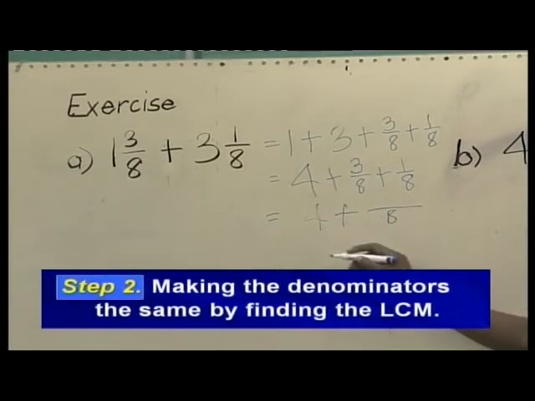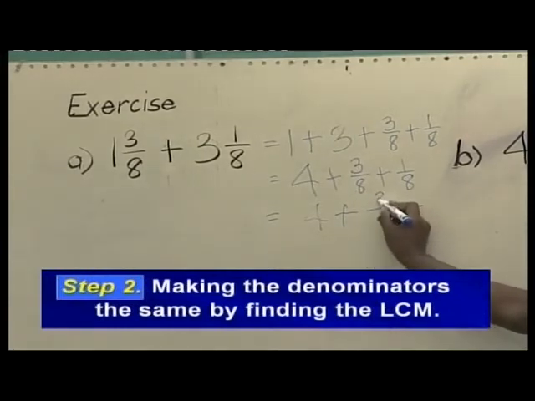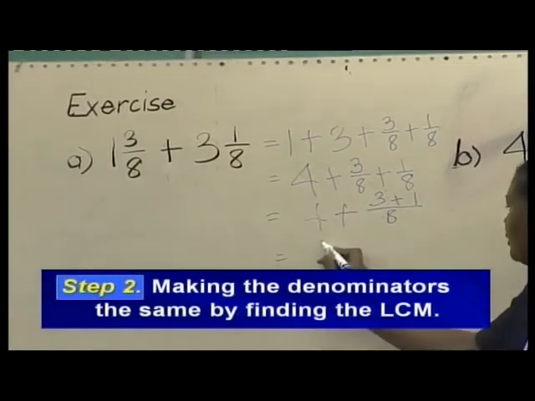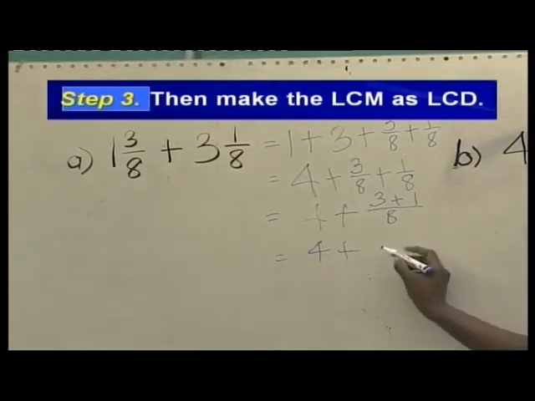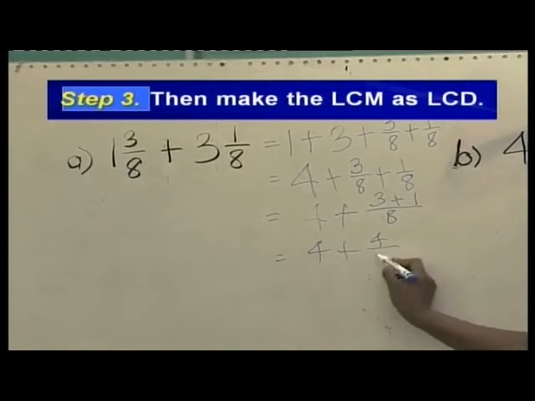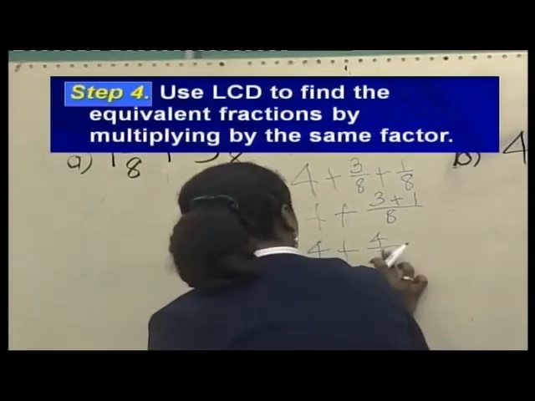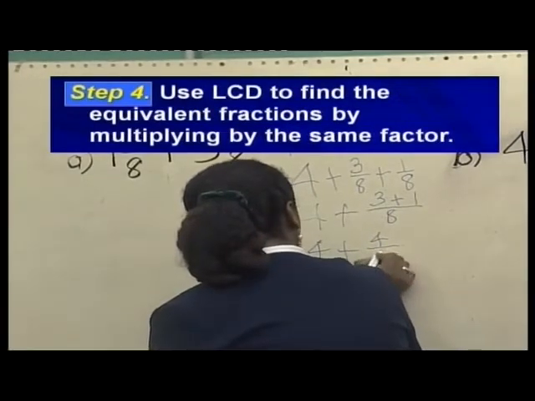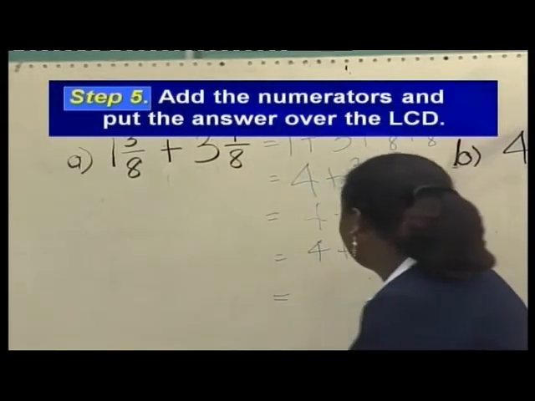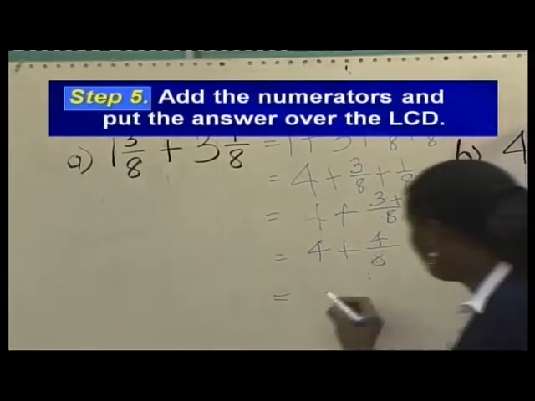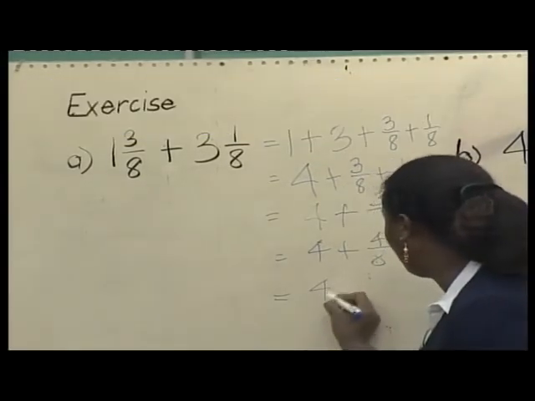So you just add the numerators. 3 plus 1 is equal to 4 over 8. So we have our final answer as 4 and 4/8.